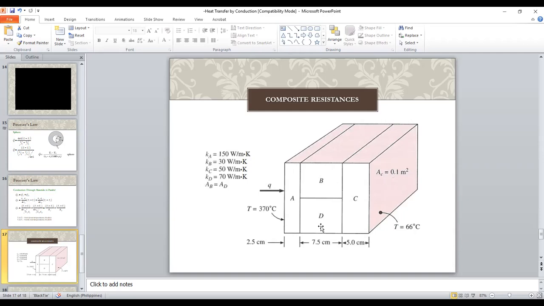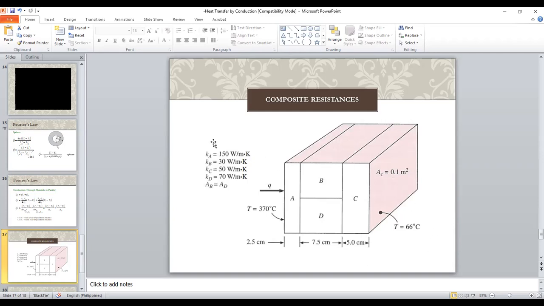Now, in this case, class, the amount of heat transfer in A here, which is equal to the amount of heat transfer in C, should be equal to the amount of heat that is to be transferred to B and D. So this time you need to add the Q in B and D.